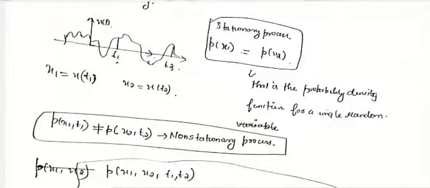So, if these are the same, then it is known as a stationary process. That means the probability of occurrence of x1 is equal to the probability of occurrence of x2. If it is not, it is known as a non-stationary process.